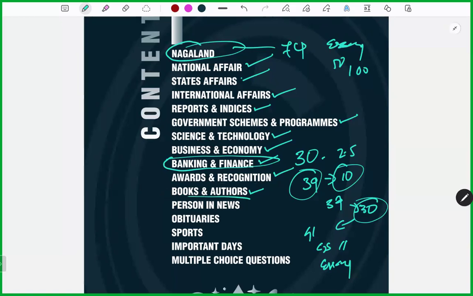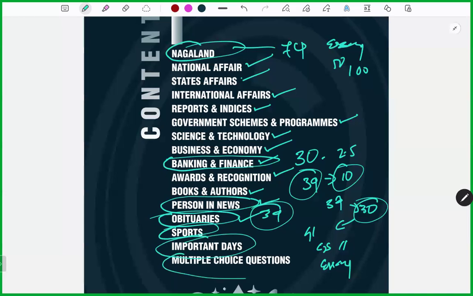Personalities in news: if you see, most of the questions out of the 39 that were asked in 2017 were related to personalities in the news. Did you realize that? Obituaries and personalities in news come a lot, and one or two books, then sports and important days.